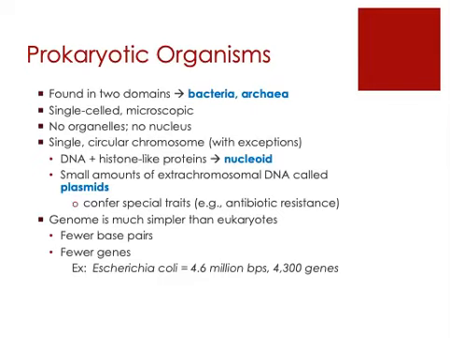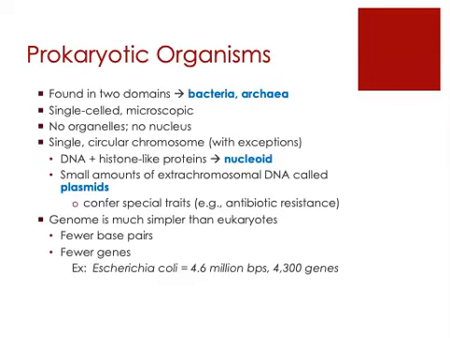When we talk about the eukaryotes, we're going to see that the DNA is wrapped around histone proteins. In prokaryotes, the histones are not really exactly true histones. Instead, they are sort of a precursor to histones, and we refer to them as being histone-like.